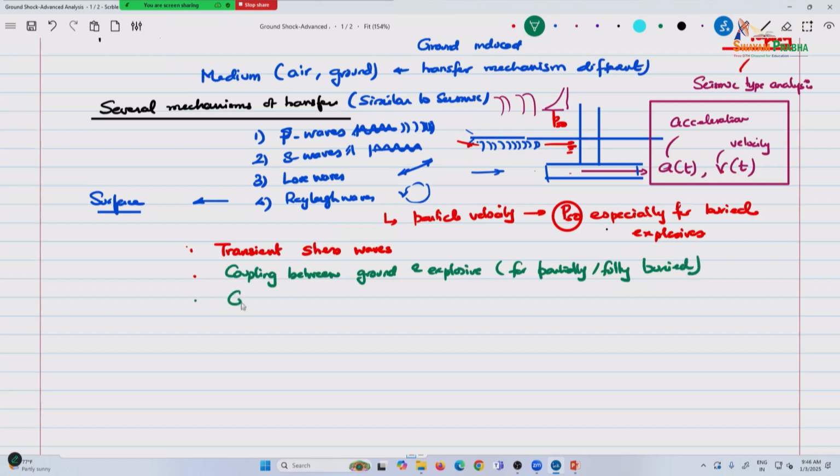And the effect is the greatest when the charge is fully buried. I'll talk about that a little bit also.